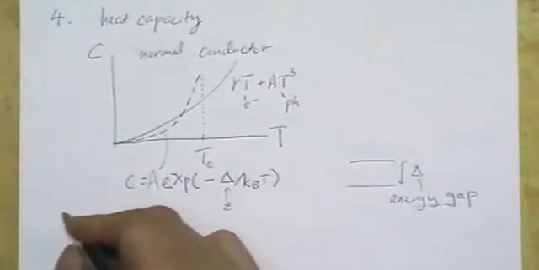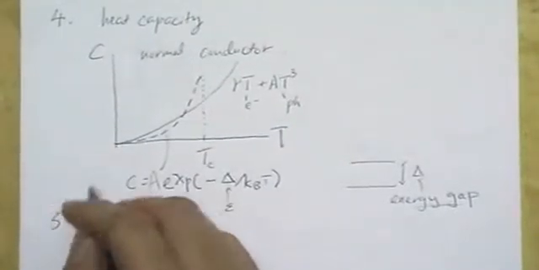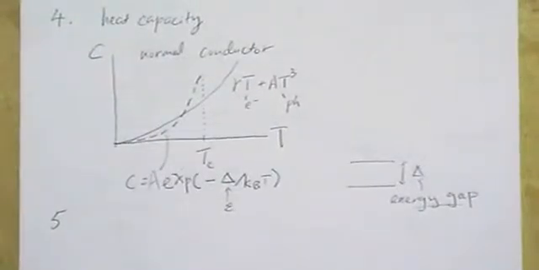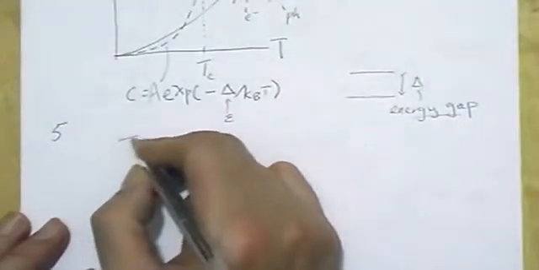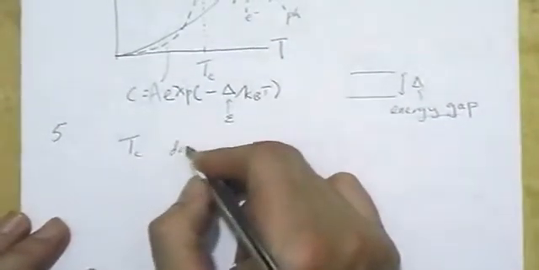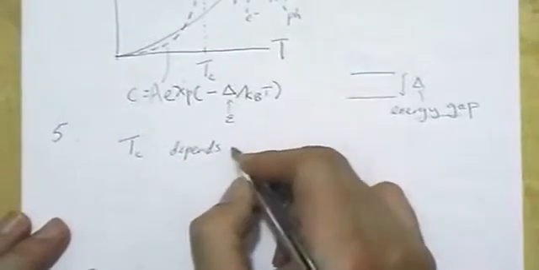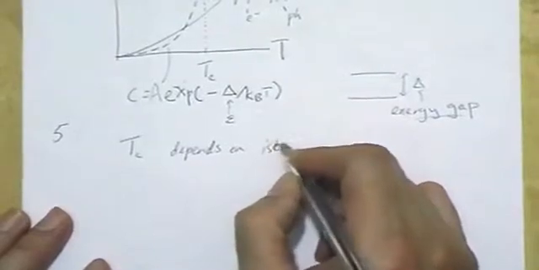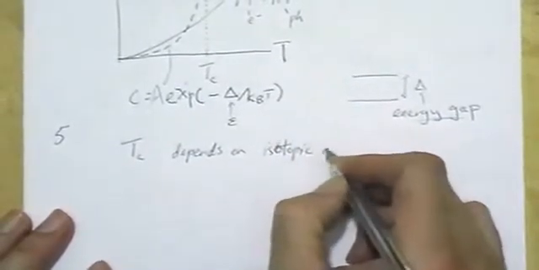Okay, and number 5. Number 5 would be that the superconducting transition temperature depends on the isotopic mass of the superconductor.